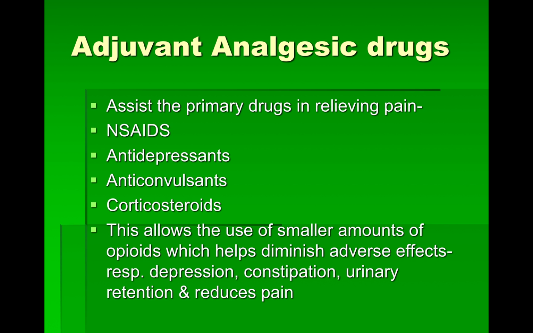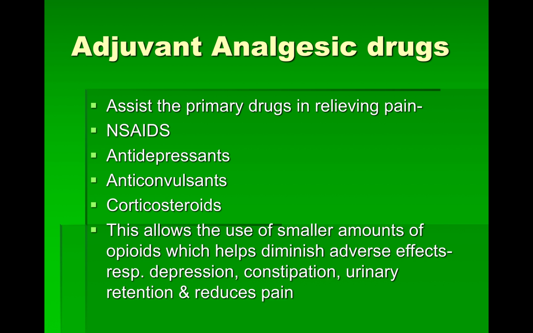Adjuvant analgesic drugs. Remember the word adjuvant? We learned it a couple weeks back, or maybe almost a month now. That's in addition to. Adjuvant means we're going to add something to it. Drugs that assist the primary drugs in relieving pain are NSAIDs, non-steroidal anti-inflammatory drugs, which is ibuprofen and everything umbrellaed under that, antidepressants, anticonvulsants, and corticosteroids. A lot of prednisone we give to relieve pain, depending on what the pain's for.